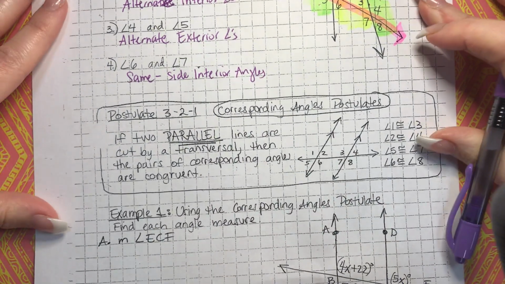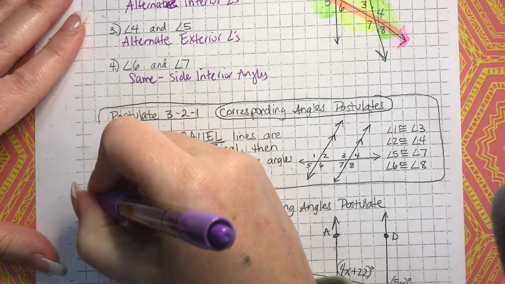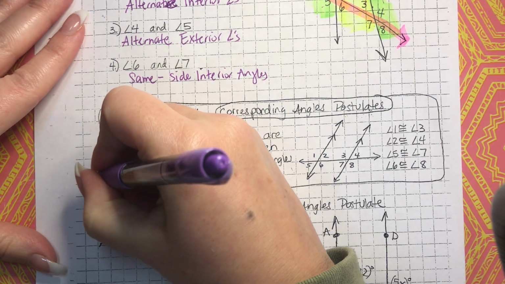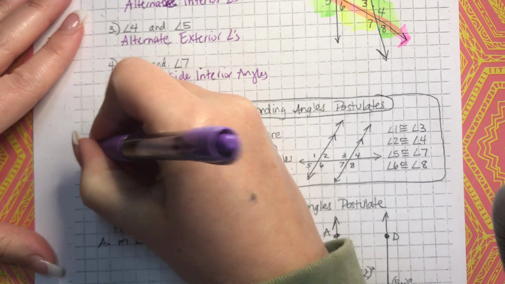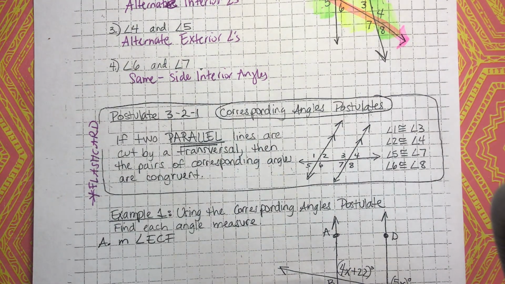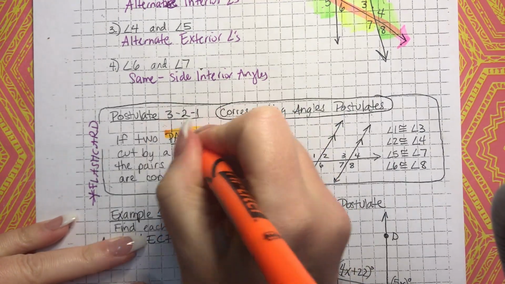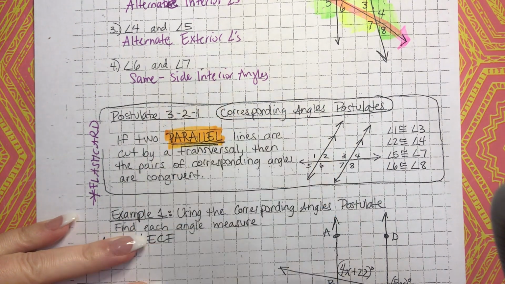So this is the corresponding angles postulate. Super important. This is a flashcard alert. So what does this say? It says corresponding angles postulate. It says if two parallel lines, super important, they have to be parallel.